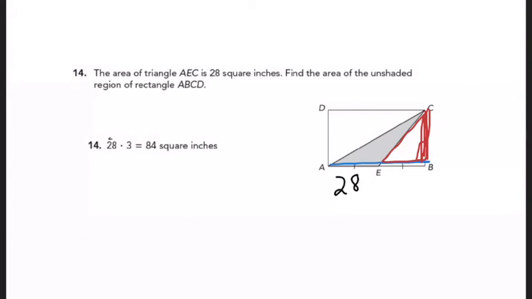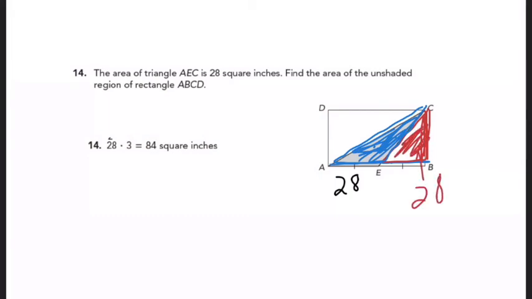But if you look at the shaded one, AEC, the blue, CB is also the height of that. So they both have the same height and they both have the same base. That means if this is 28, the whole area of the red has to be 28.